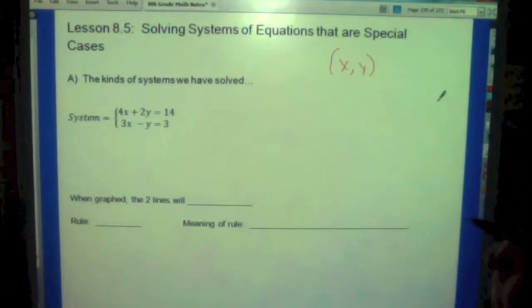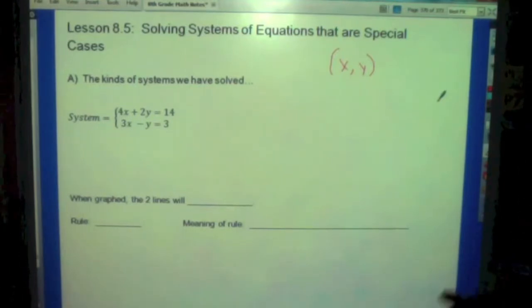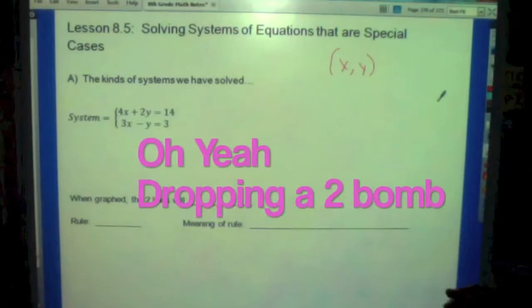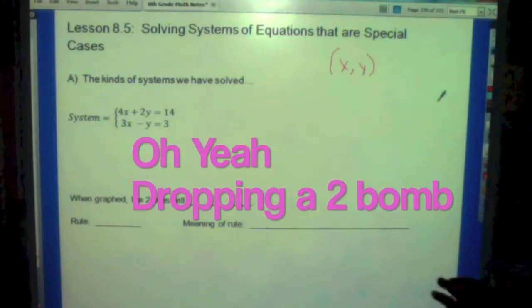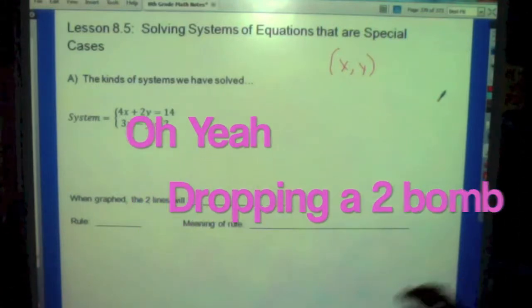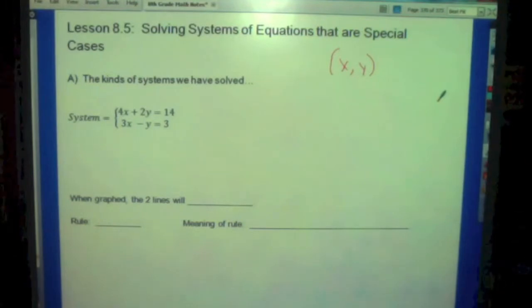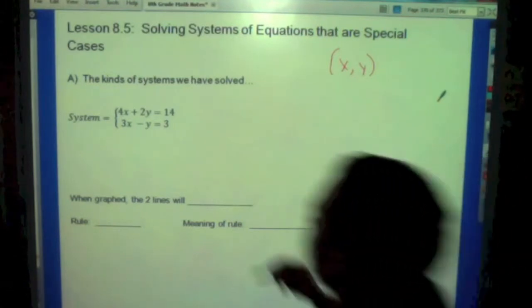If we were going to go through the steps of solving this one, we'd like to use the shortcuts that we've been using because they're really nice. I want to use the stack and add shortcut. So I would take my bottom equation, my second equation, and multiply that by 2 so that I can use stack and add.